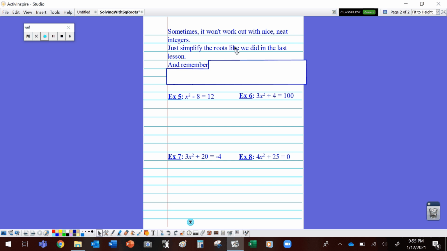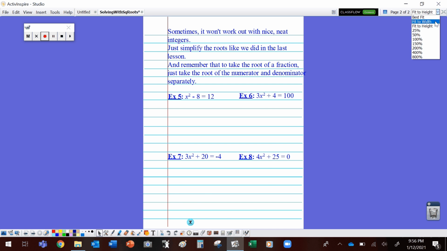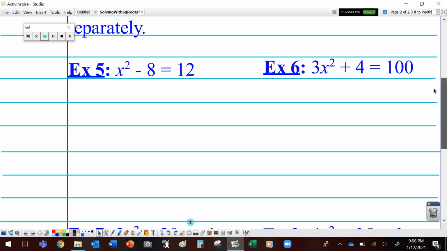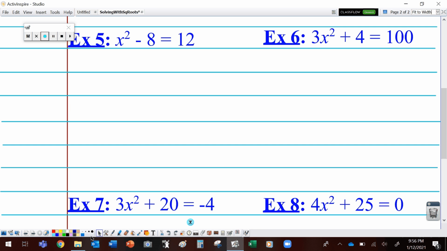All we're going to do is simplify the roots like we did in the last session. And remember, that was a little trick. If you have the square root of a fraction, all you have to do is take the square root of the numerator and square root of the denominator separately. That's it. So if that comes up, not a big deal. Don't panic. Just leave the fraction alone, square root the top, square root the bottom.